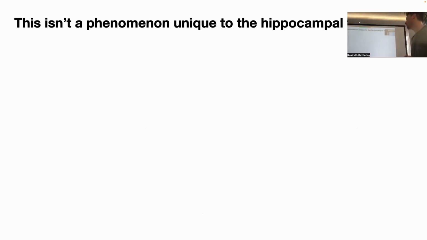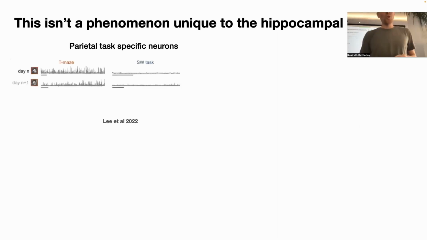So that phenomenon of cells sometimes caring about one thing and sometimes caring about many things is not just unique to the entorhinal cortex, the hippocampal formation, what we just saw. It's also found in parietal cortex. Here is a cell at the top, and it is only active during this one task called the T-maze task. It is not active during this SW, this steering wheel task.